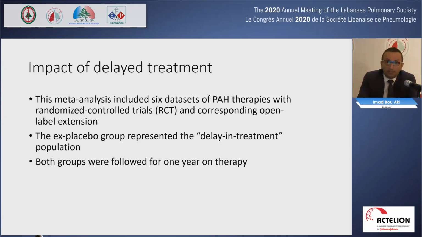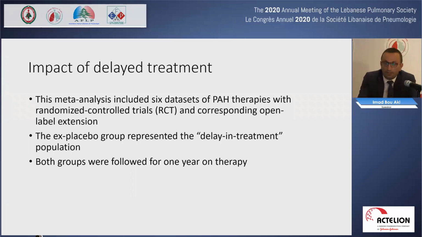So the control did not get treatment for 12 to 16 weeks, because these studies were 12 or 16 weeks. And then they were given the treatment, because at the end, the study showed the treatment is good. So the ex-placebo received the same therapy as the treatment arm, however, after 12 or 16 weeks.